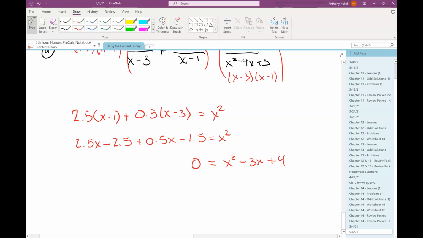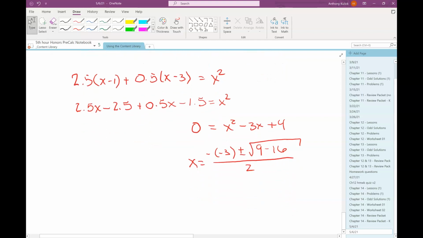So, are there two things that multiply to give me positive 4 and add to give me negative 3? No. Okay, so in this situation I have to use the quadratic formula, but that's not a big deal. Negative 3 squared is 9, and then 4 times 1 times 4 is 16, over 2 times 1.